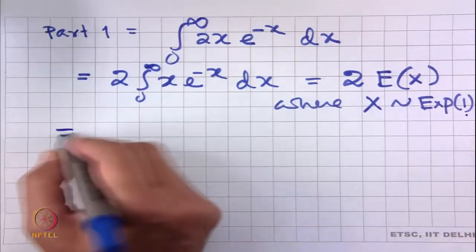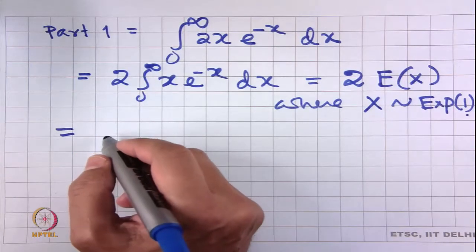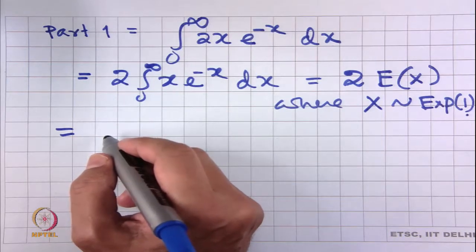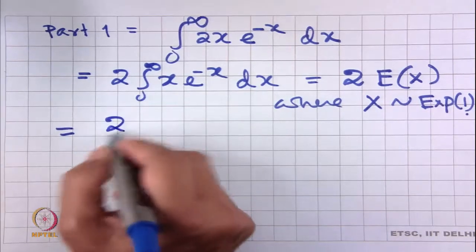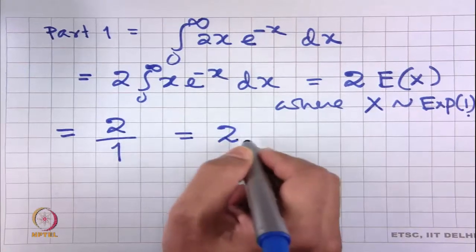And we know that if a random variable follows exponential with lambda, then its expectation is 1 upon lambda. Therefore, this comes out to be 2 upon 1, which is equal to 2.